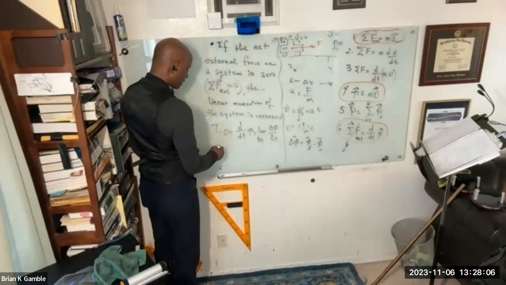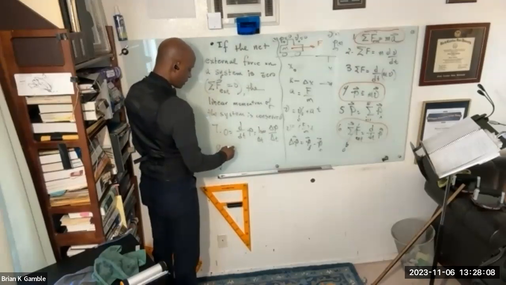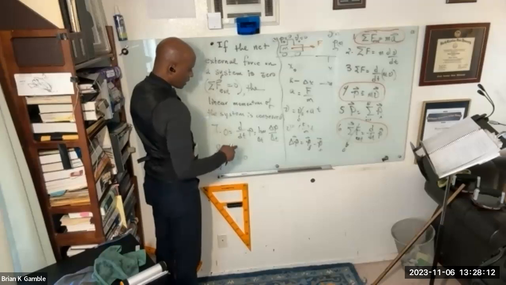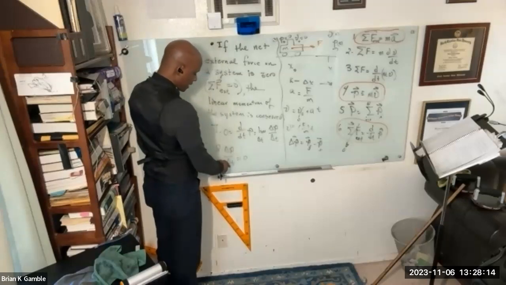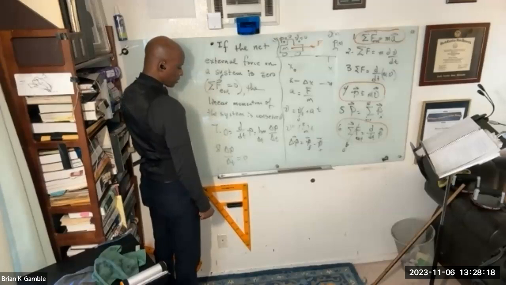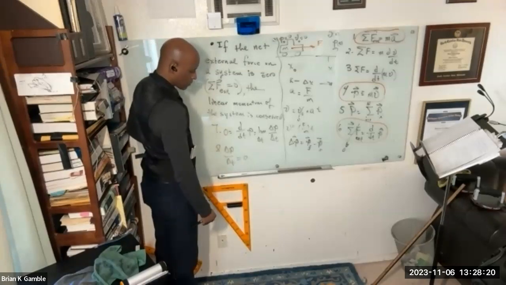So we're basically saying that delta p over delta t equals zero, and what must be true such that that statement is true?